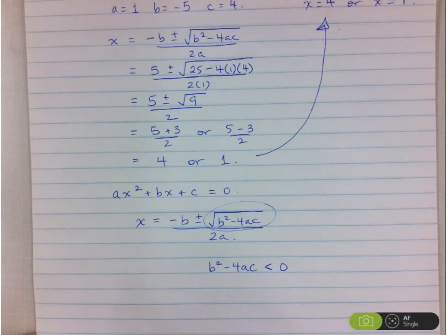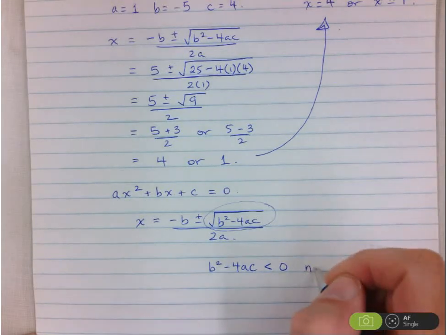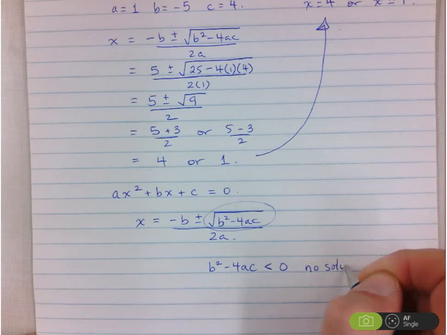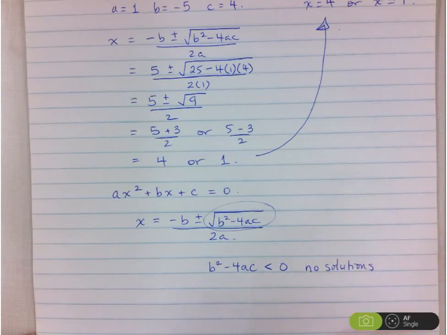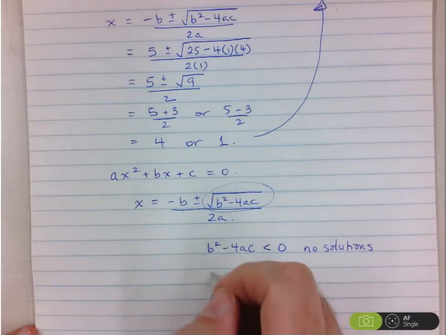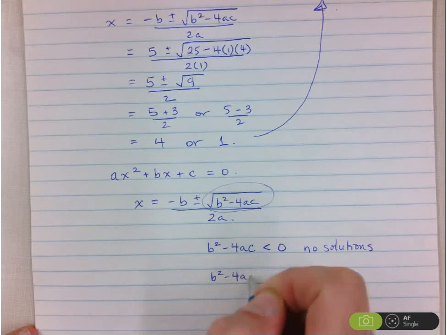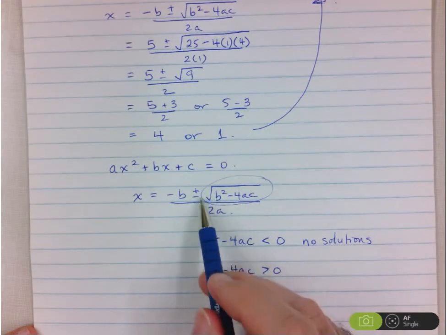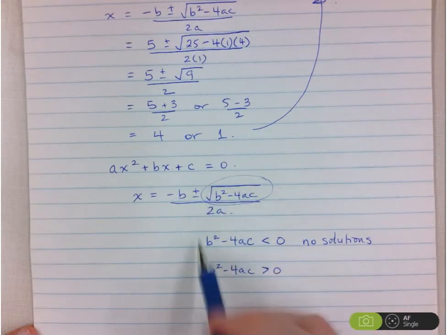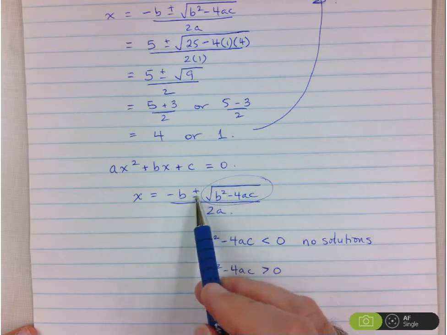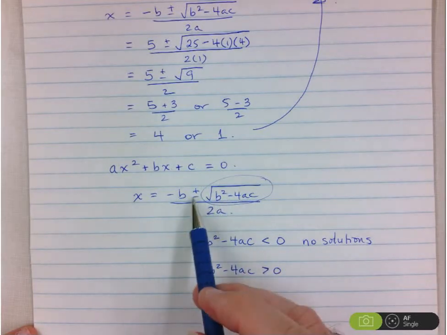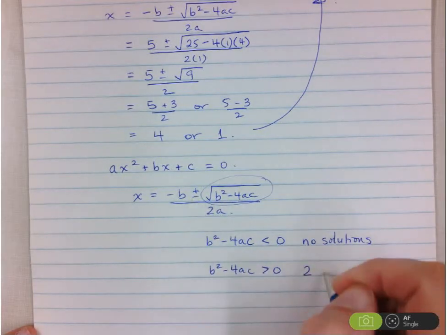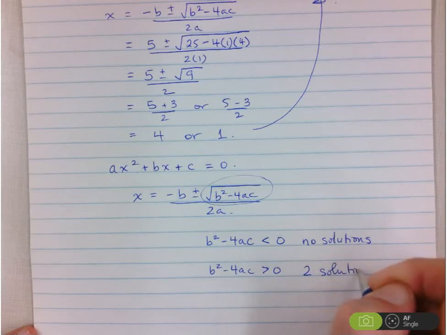So right off the bat, we know there must be no solutions. If b squared minus 4ac is greater than 0, that means there's a positive number. We can take a square root of a positive number. It means you're adding the number, then subtracting the number. So we would be getting two different answers. So that would guarantee two solutions.